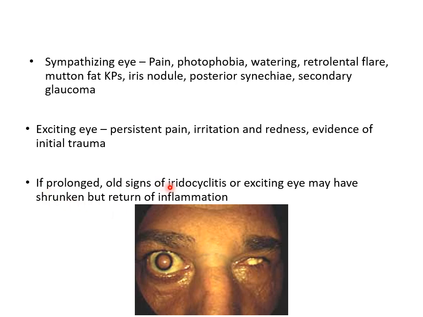If prolonged, old signs of iridocyclitis may be seen, or the exciting eye may have shrunken but show a return of inflammation. This means sometimes even the exciting eye can flare up. This could also be a case where the left eye was the exciting eye.